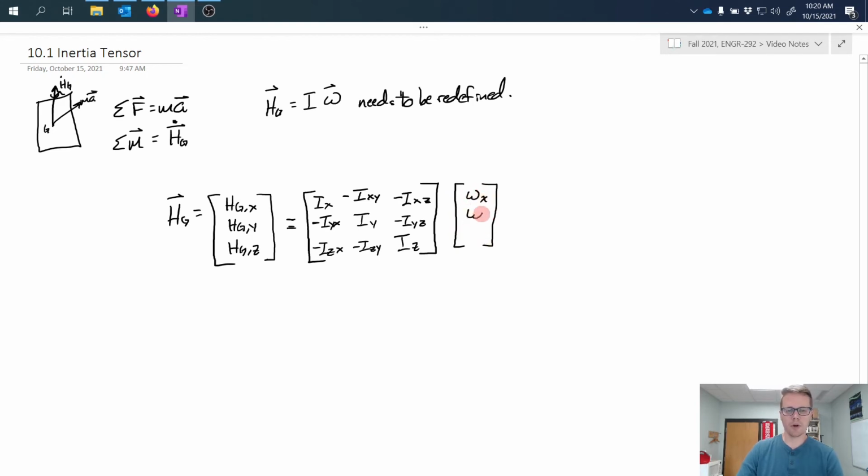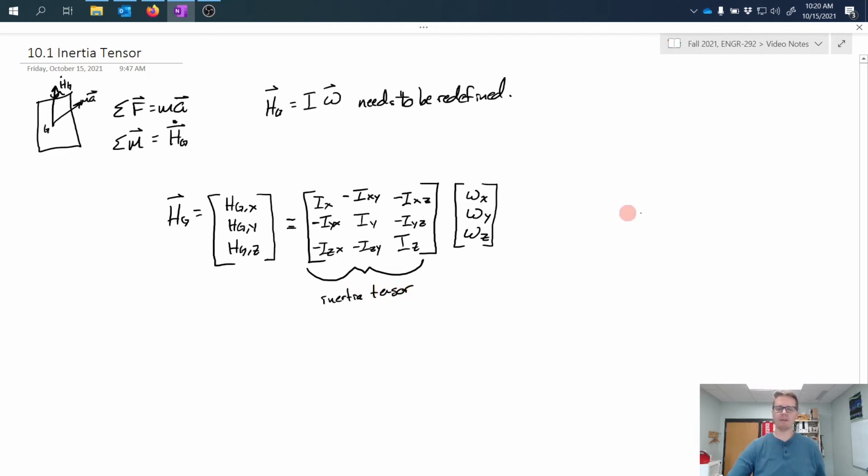Now to complete the vector definition, we need to express a vector formation of the angular velocity. As I've already described a bit, this middle term here is called the inertia tensor.